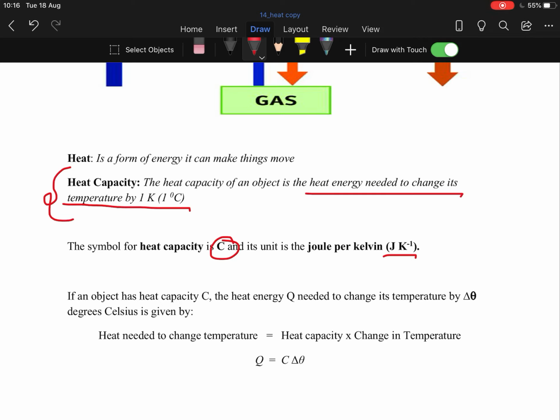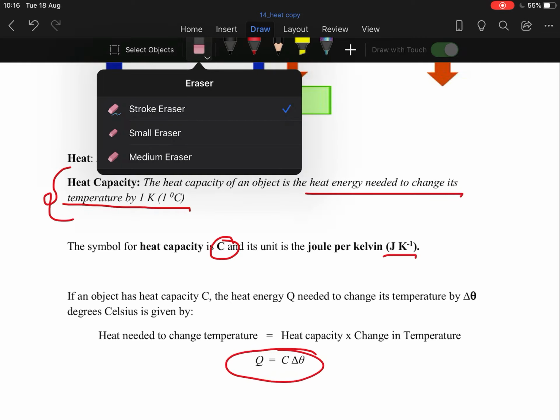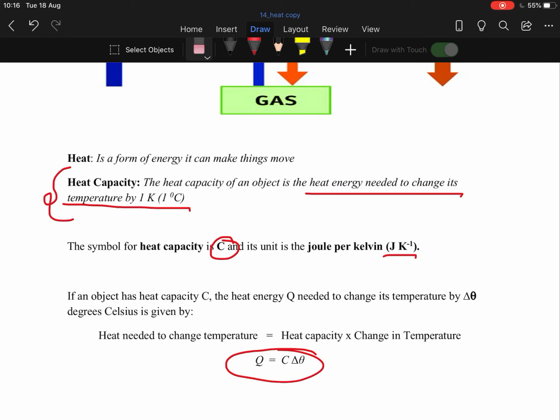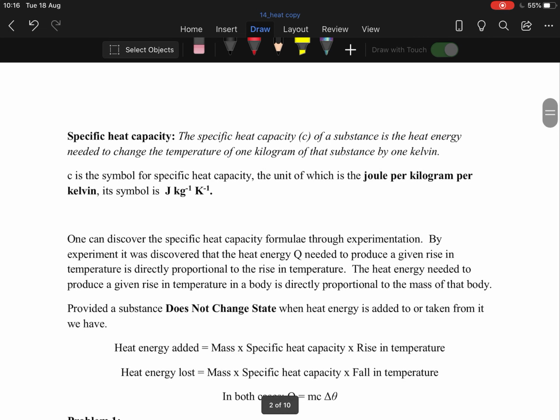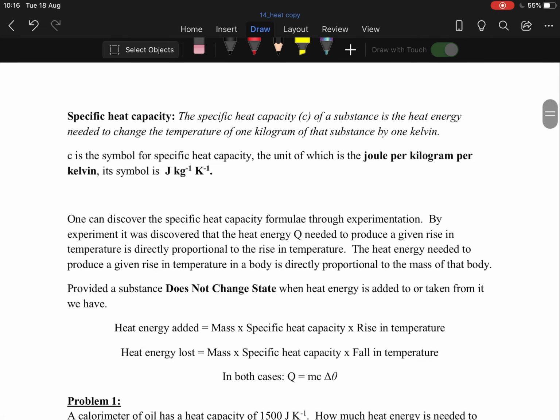So generally the equation, which is in your log tables, is Q equals C delta theta. Okay, Q equals C delta theta, Q being for energy, okay? Now, specific heat capacity is what you're going to use nearly all the time.